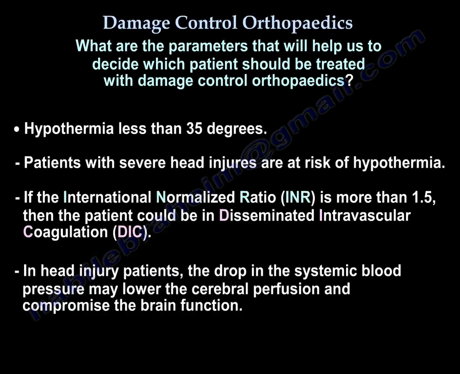Patients with severe head injury are at risk of hypothermia, and if the INR is more than 1.5, the patient could be in DIC. And the last group is head injury patients.